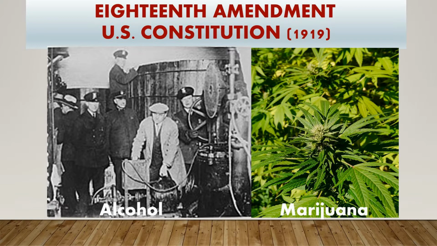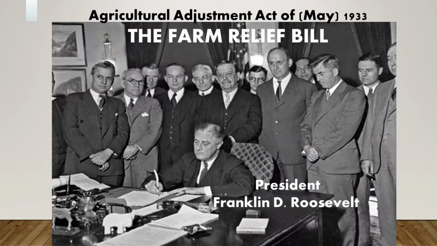In 1919, the 18th Amendment to the U.S. Constitution passed. It established the prohibition of alcohol and intoxicating liquors, but marijuana was not included.